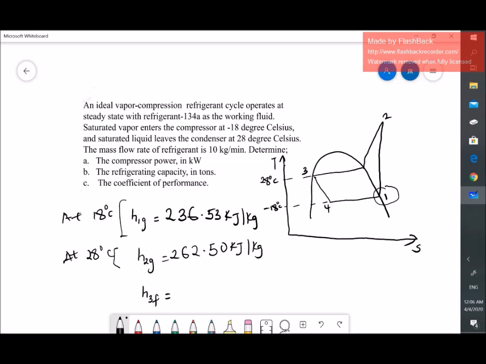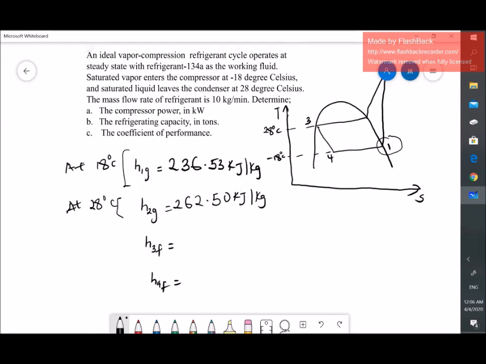Now at point 3, at the same temperature, which is 28, the refrigerant gas has been condensed to liquid. So we can also find H3 at 28 degrees Celsius, because the temperature at this point did not change.